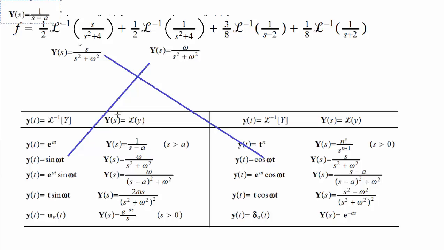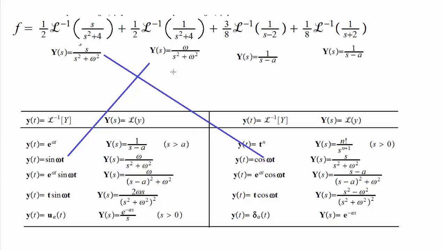This and this going the same way, right? Okay, so if we look at this, since omega squared is 4, that will become cosine of 2t, right?